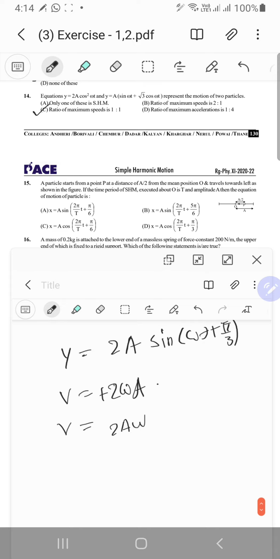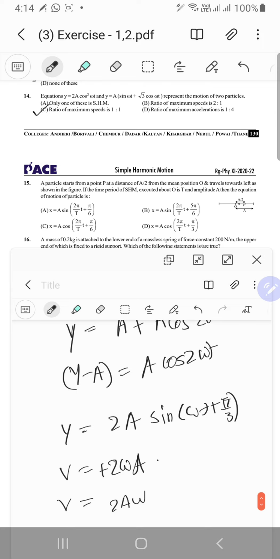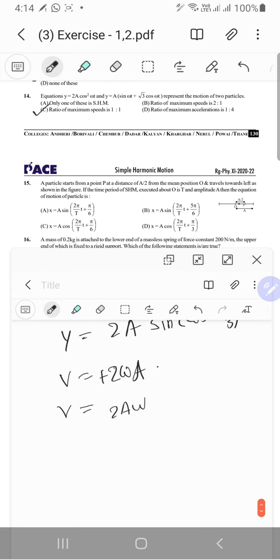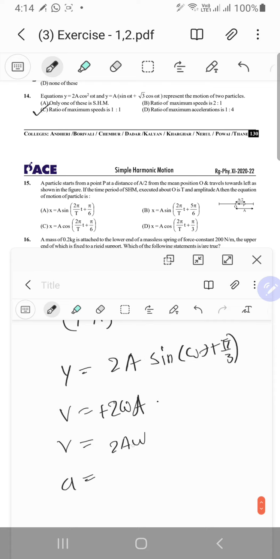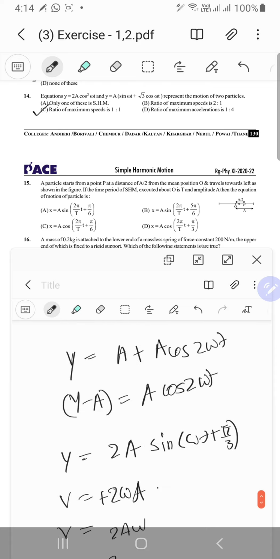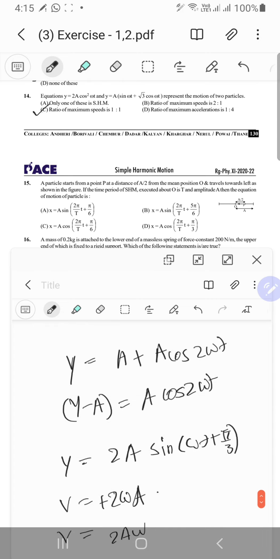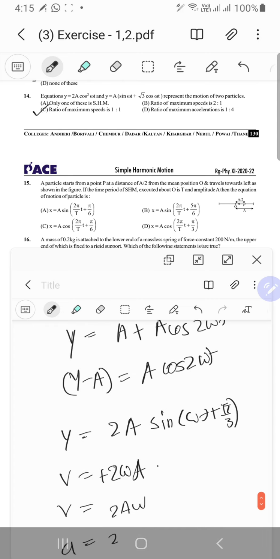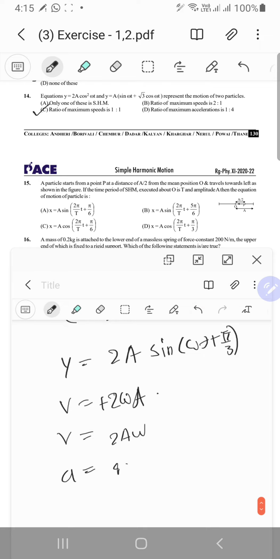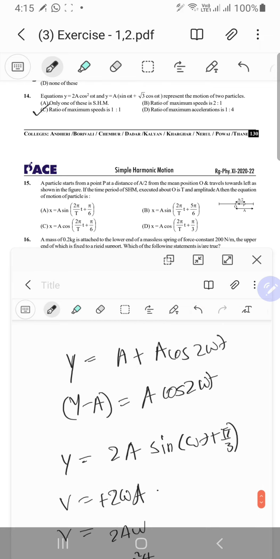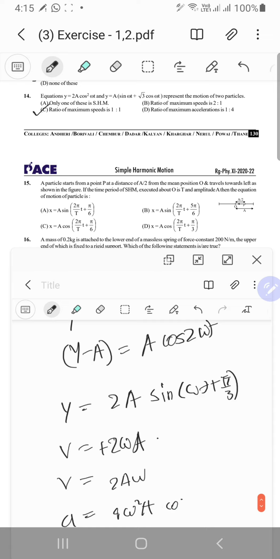Okay, next: only one of these in SHM? No. Ratio of maximum accelerations is 1:4. I need to find the acceleration as well. So acceleration for the first guy will be 4 omega squared a times cosine of 2 omega t, stuff like that.